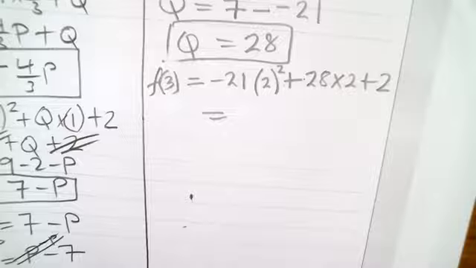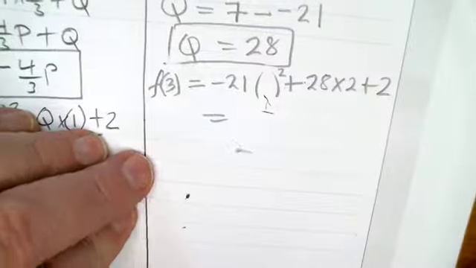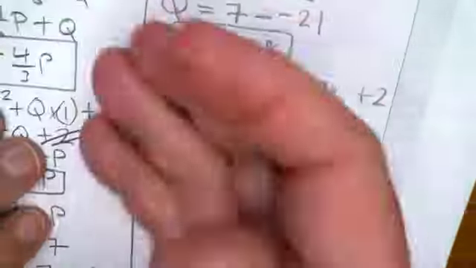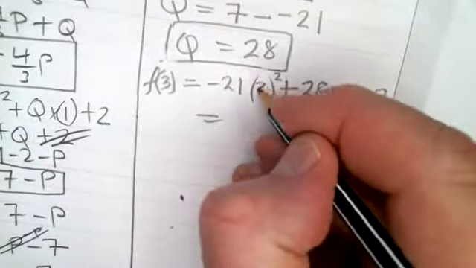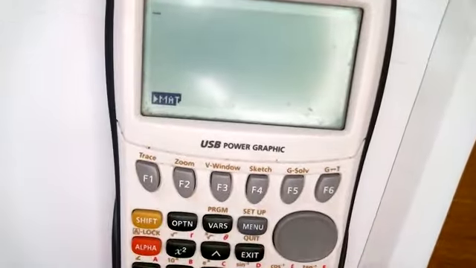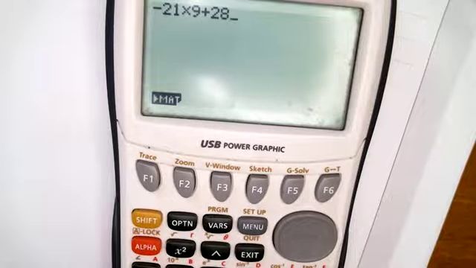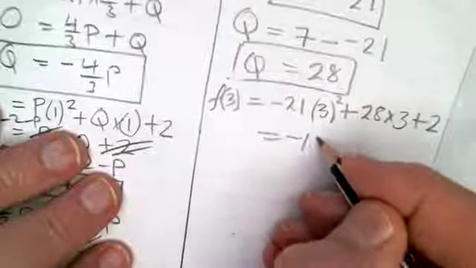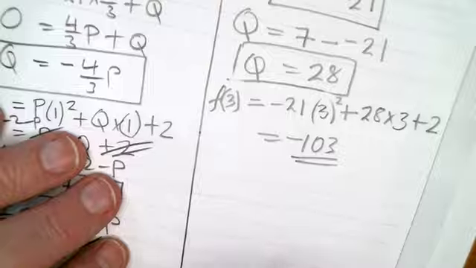This is madness. Sorry, my bad. This is a 3. This is a 3. I'm looking at what I've just done and thinking there's something wrong with that. Who knows? It's tiredness. That's my excuse anyway. So it's negative 21 times 3 squared, which is 9. Good. Plus 28 times 3 plus 2 is negative 103. So that is my y value.